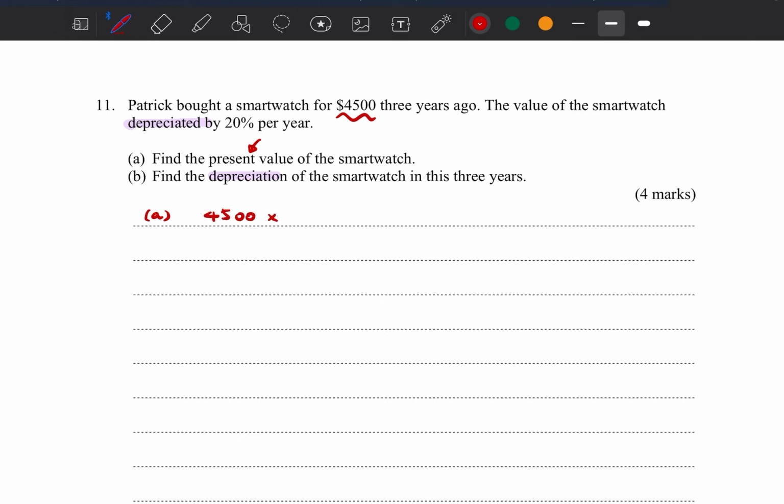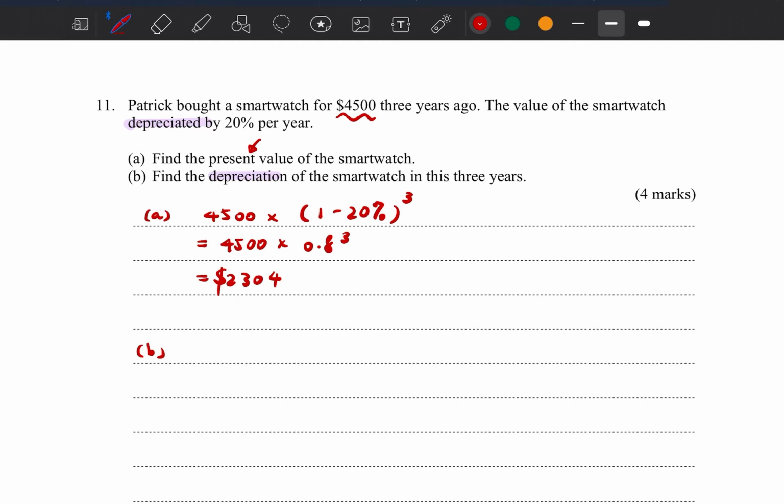So it's a constant decrease rate. Here 1 minus 20% decrease, and then 3 years, so to the power of 3. Therefore you get $2304.